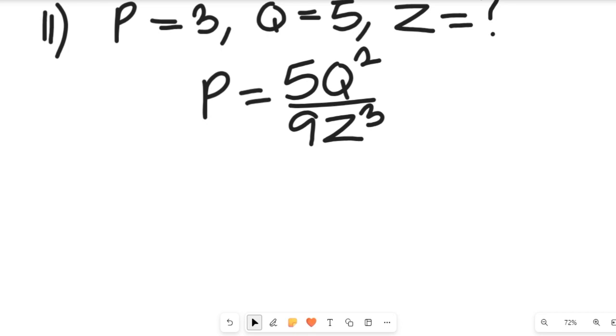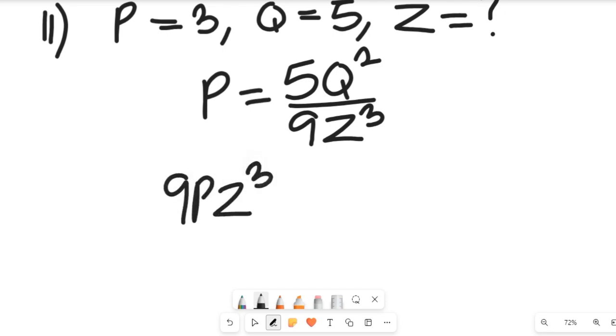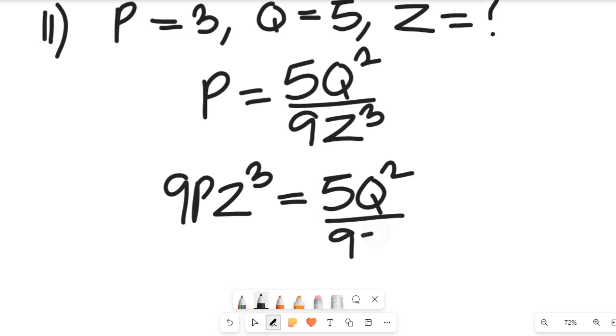And to make z cubed the subject of the formula, what we need to do is to multiply both sides by 9z cubed. So, if we multiply both sides by 9z cubed, we're going to have 9pz cubed equal to 5q squared divided by 9z cubed multiplied by 9z cubed.